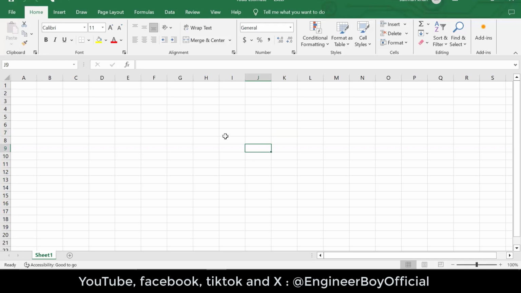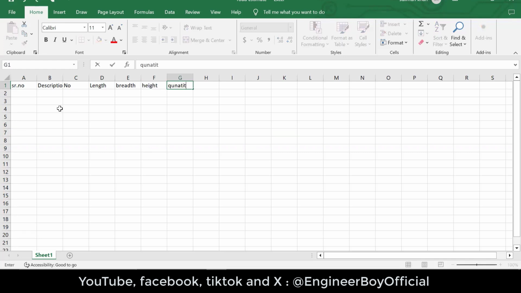Now, in order to determine the different materials for the same road in Excel, let me have that same table over here. Let's say serial number, then we should have description. My typing is a little bit slow, ignore it. And then we have the number, then the length, and then width or breadth maybe, then height, and let's say quantity, and then remarks.